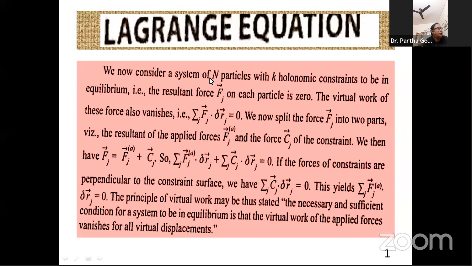I'm uttering nothing new. This is what is known from differential calculus.